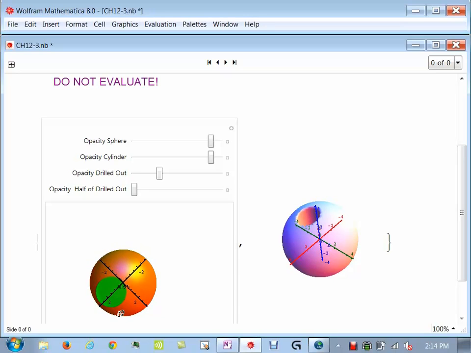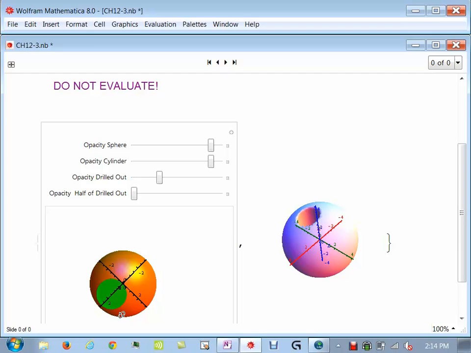Notice that it's not going right through the center. If it was, this problem would become much easier. But it's going through off-center, so the drill bit is going to run kind of tangent to this axis. It's just going to touch that axis. The center of it is going to go right through this axis. I'm going to drill it out, and after I've drilled it out, I want to know how much is left.